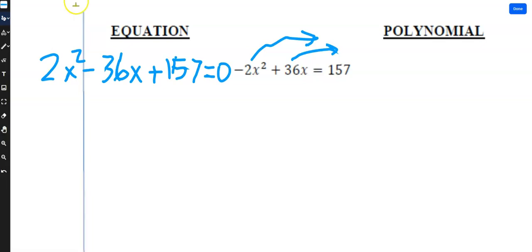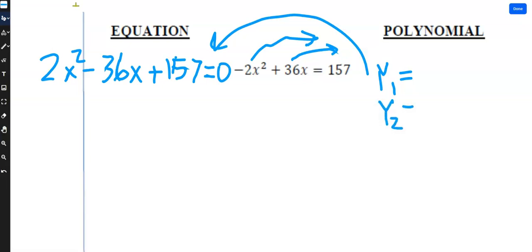Does that factor? So, to solve this, now if we think about it as a polynomial, we could do y1 equals this polynomial, and y2 equals 0, and see where they cross.